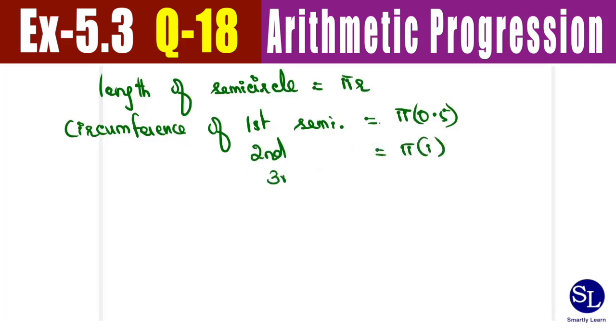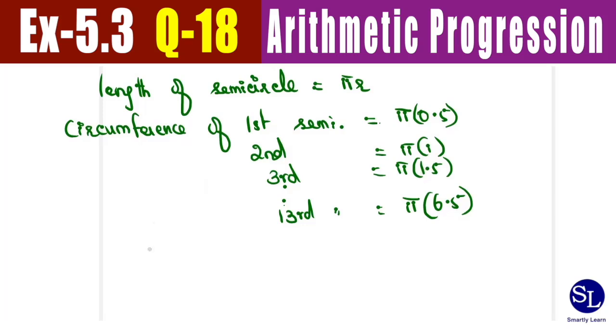The third is going to be pi into 1.5 and so on. And if you reach the 13th semicircle, it is going to be pi into 6.5. How do we arrive at this? The radius is going to be half of the term number, so you can keep on generating 0.5, 1, 1.5. It is skip counted by half. So when you reach the 13th, you get 6.5.